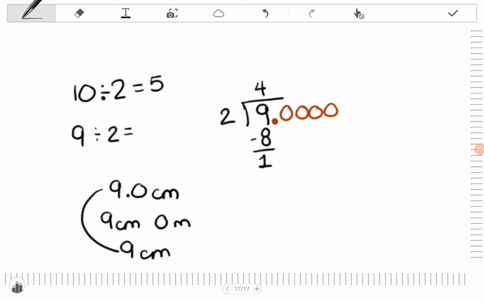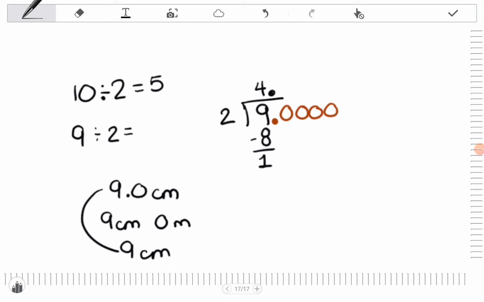Now, in the division, the same as in addition and multiplication, we need to align the points. What does this mean? I already divided 9, the answer was 4. Now I have a point here, so I have to put another point in the answer. The points need to be in the same line.